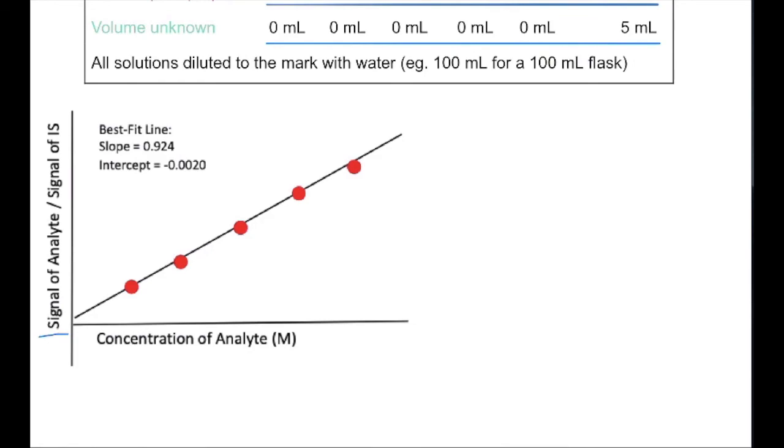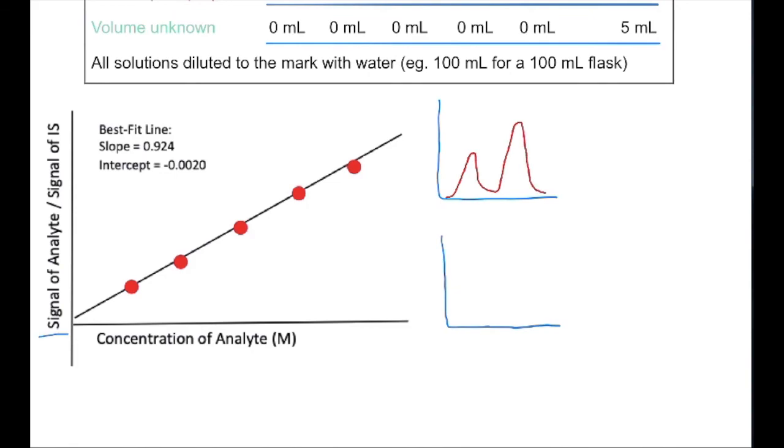So I'm going to draw a couple of graphs here which will hopefully help this make sense. If we were doing an analysis of ethanol and we use propanol as the internal standard, let's just say that we're measuring the same sample. We're going to get a peak for ethanol and then another peak for propanol.